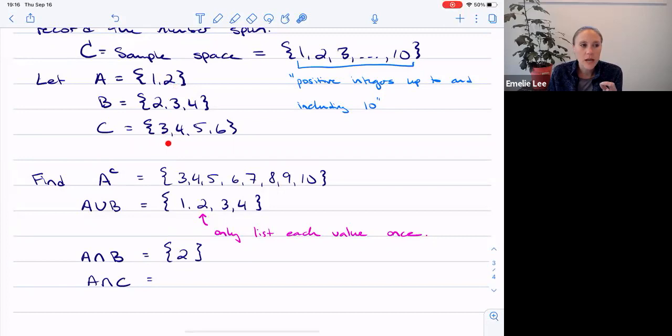Is there any overlap with 3, 4, 5, 6? No, there isn't. And so the set of A and C is the empty set. That's okay. That can happen. In fact, it happens a lot, right? So that's okay.